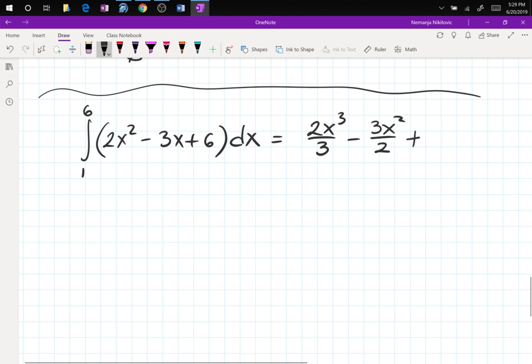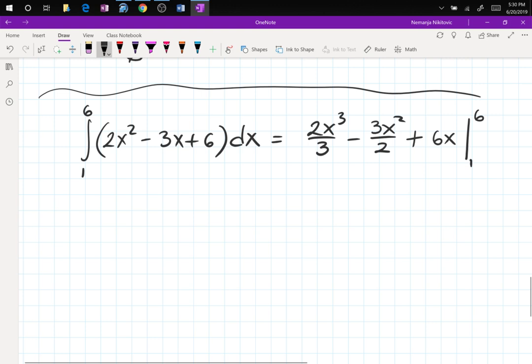Perfect. Plus, the integral of 6 is 6x. Now, remember how you used to put plus c every time, right? Well, not now. Now we put a vertical line and we put 1 and 6.